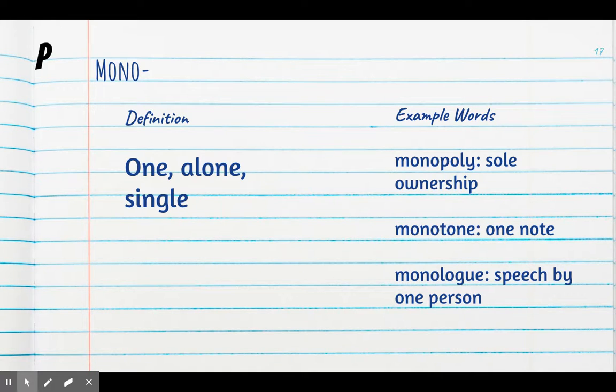Monotone means one note. Okay, so if someone speaks in a monotone voice, they don't change it at all. It's one level, one note. Monologue is a speech by one person, so we will actually get to some monologues and some soliloquies, which is a type of monologue, when we get into Romeo and Juliet.